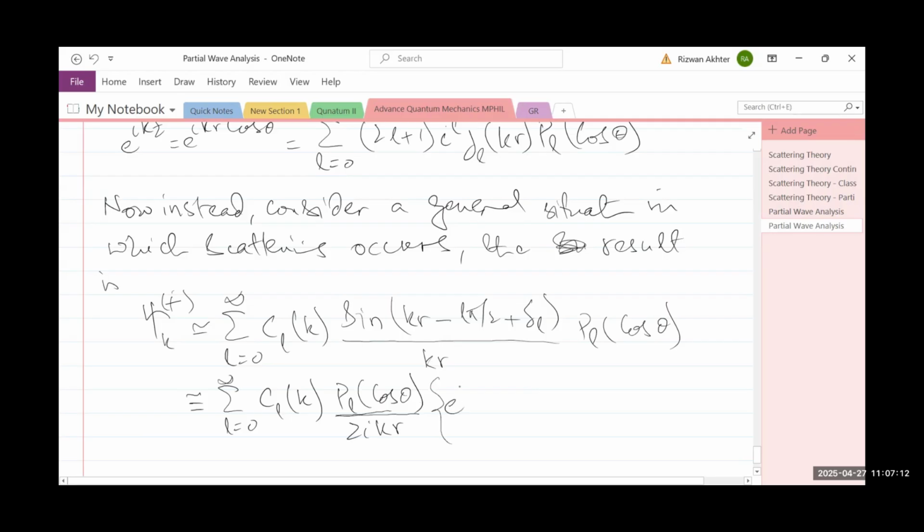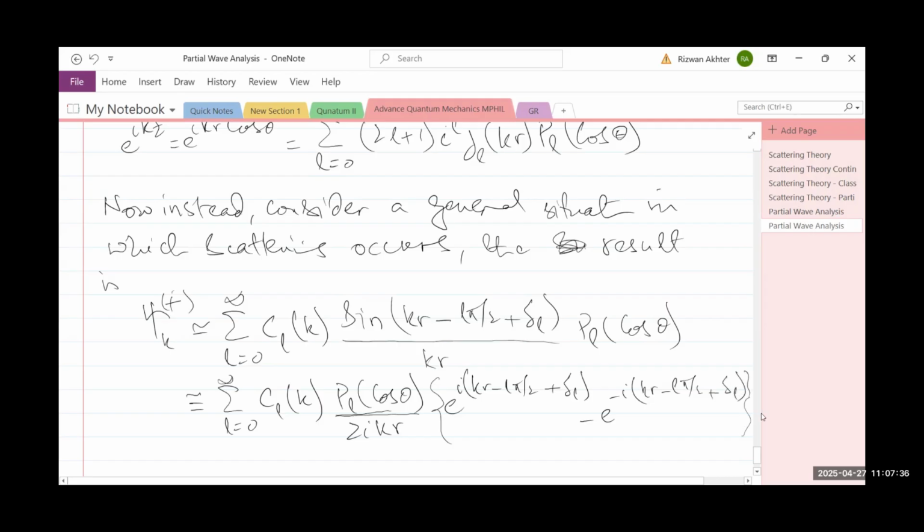So this would be e to the power iota (kr minus L pi by 2 plus delta sub L) minus e to the power minus iota (kr minus L pi by 2 plus delta L).